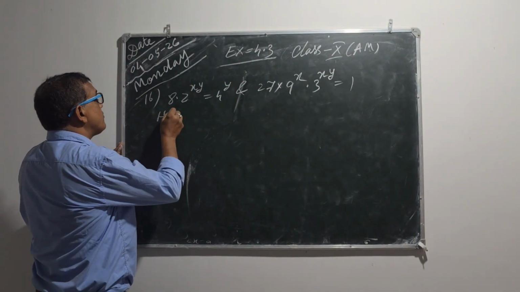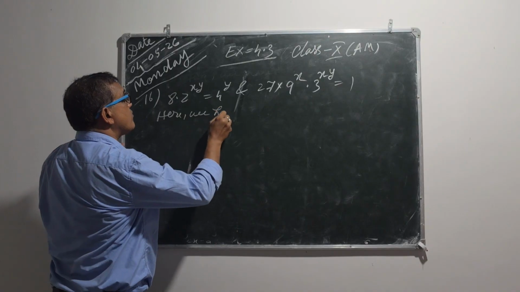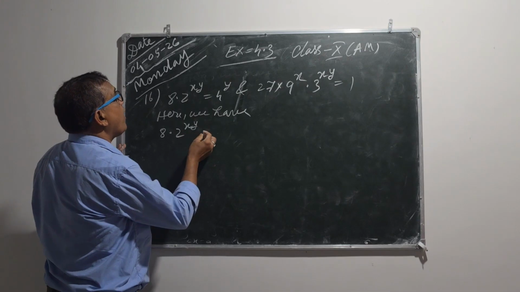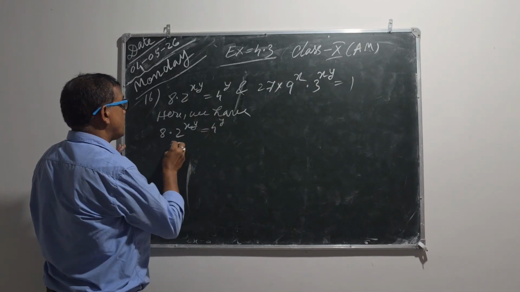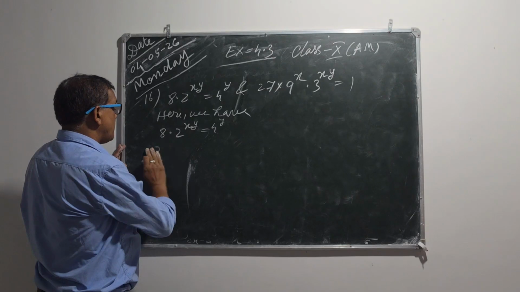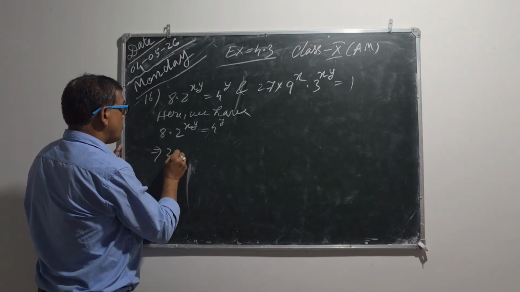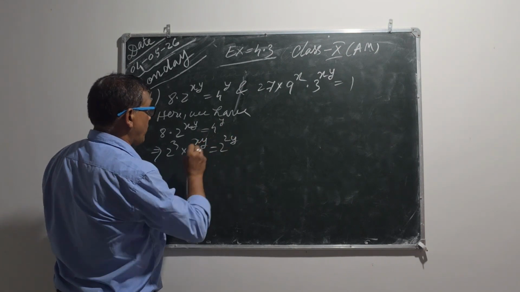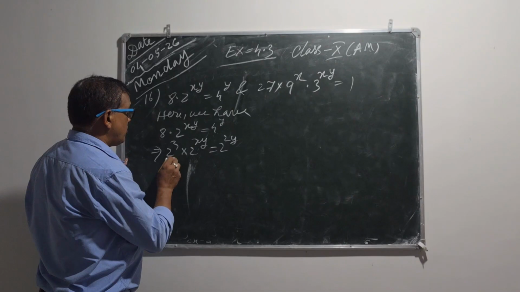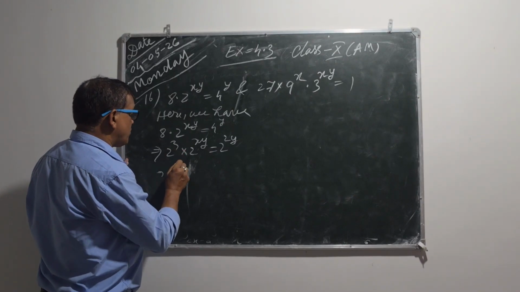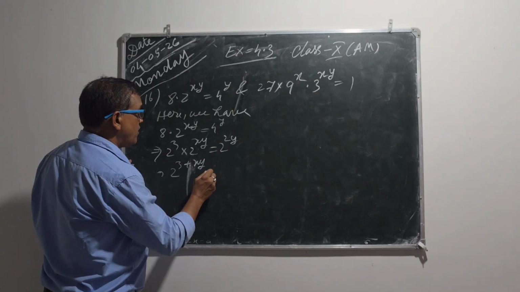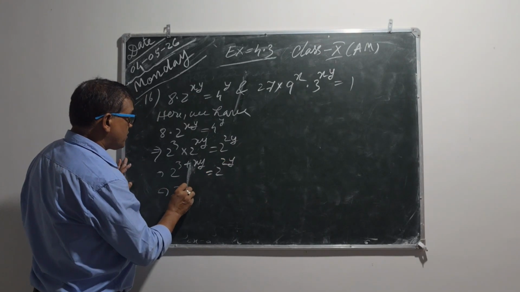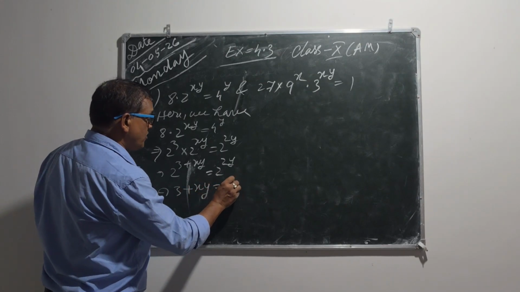Here we have 8 into 2 to the power xy equal to 4 to the power y. That means it will be 2 cube into 2 to the power xy. 2 square means 2 to the power y, so 2 to the power twice y. So the powers of 2 can be added: 2 to the power 3 plus xy is equal to 2 to the power twice y. Equating the powers of 2, we can write 3 plus xy equal to twice y.